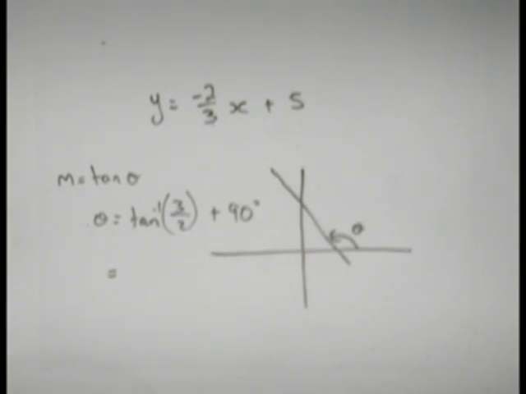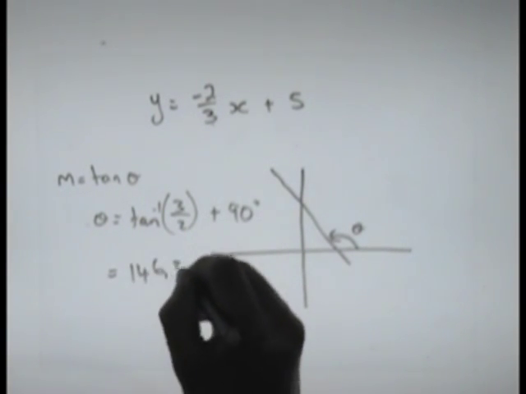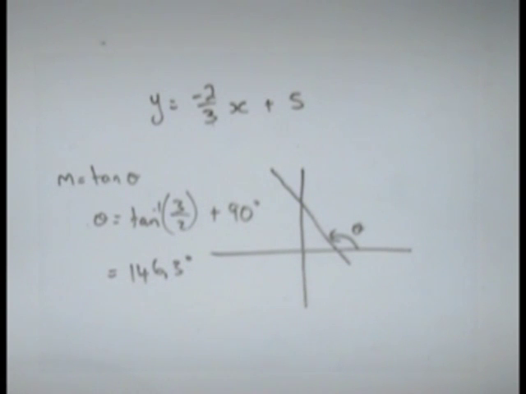I'm just going to work that out on the calculator: inverse function tan of 3/2 plus 90 degrees is equal to 146.3 degrees, rounded off to 1 decimal place.